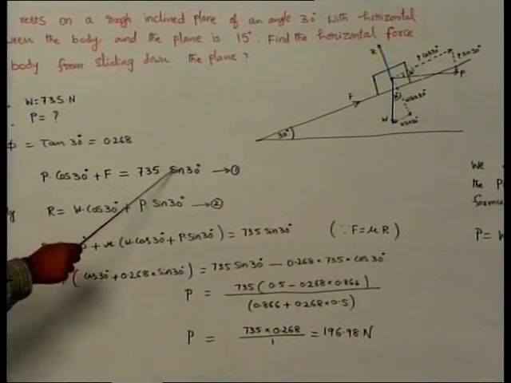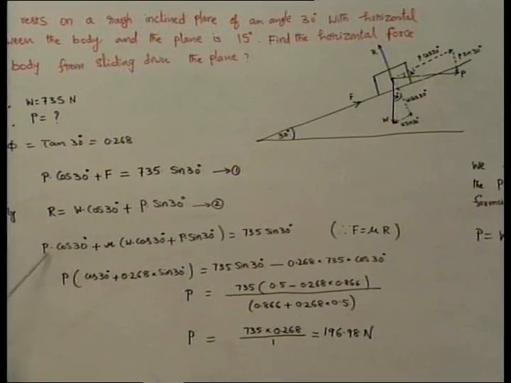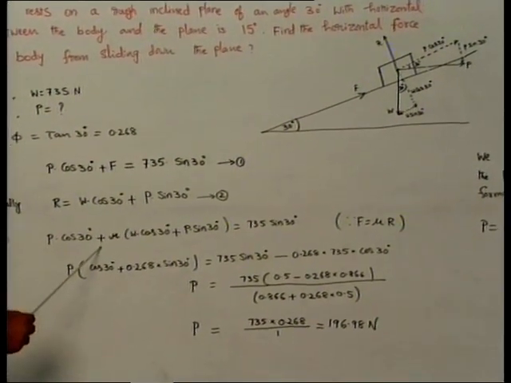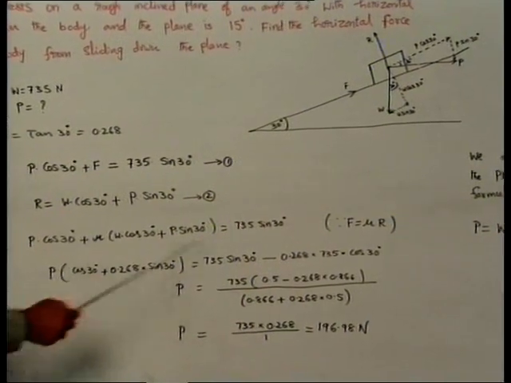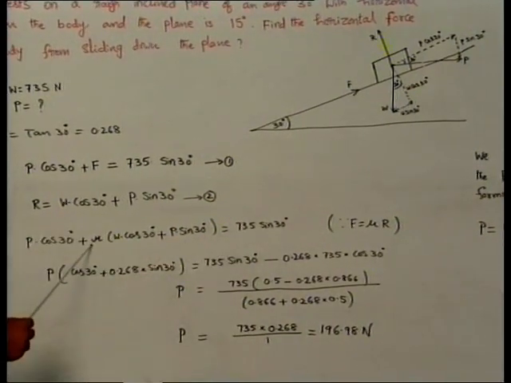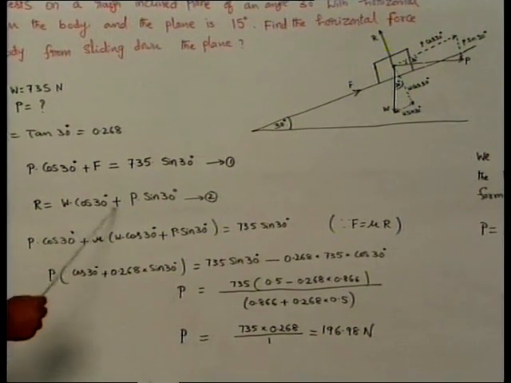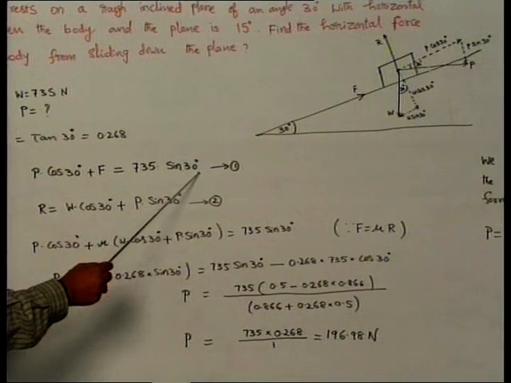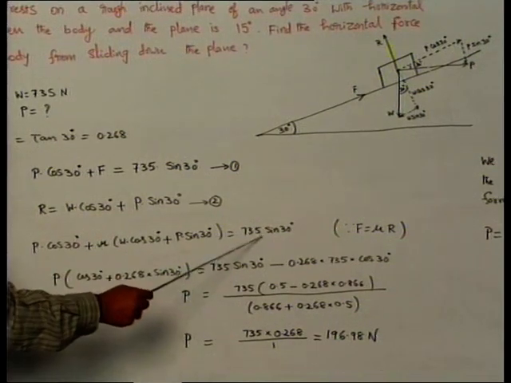From both equations 1 and 2 combined, we can write P cos 30 plus, instead of F I can write mu R, F is equal to mu R, and instead of R I can write W cos 30 plus P sin 30, that is equal to W sin 30, that is 735 sin 30.